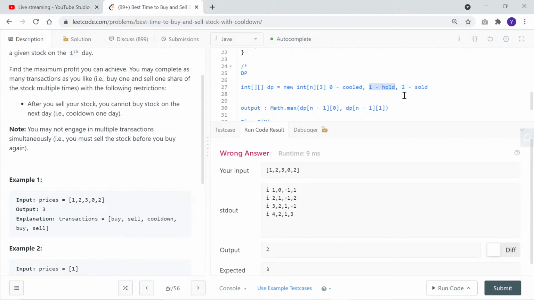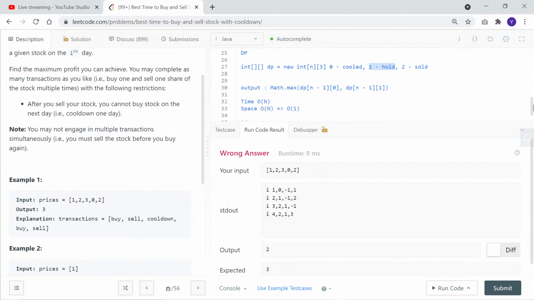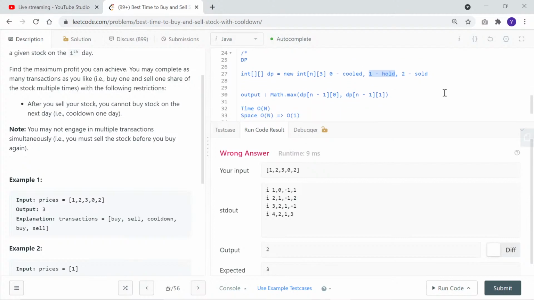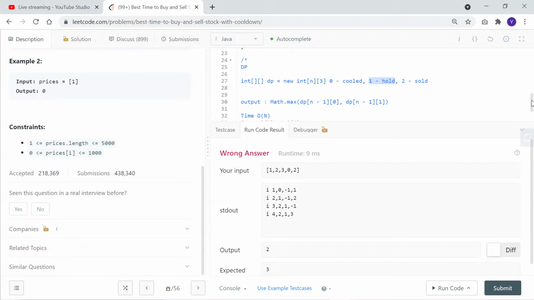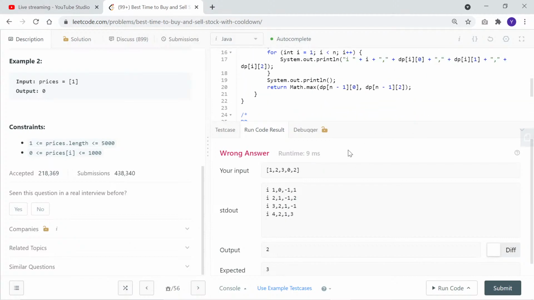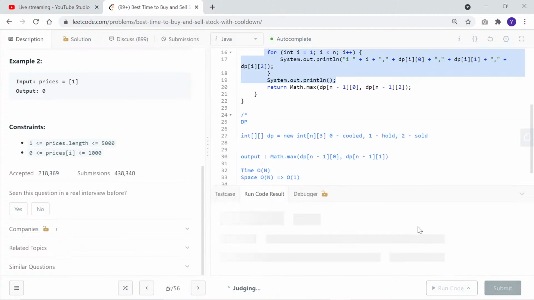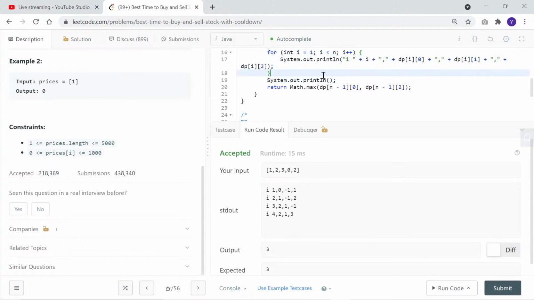So it shouldn't be holding the stock on the last day, because if you hold the stock, you should sell it and get the maximum profit. Otherwise, your profit is not maximized, because the price here is a positive number. I think now this should give the correct answer. So let's try it again. Yeah, that's the reason.